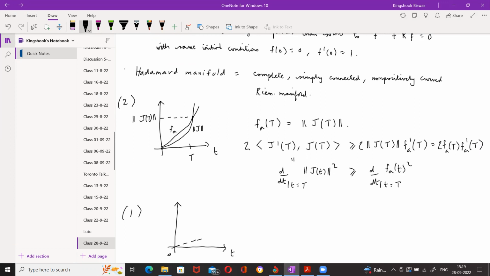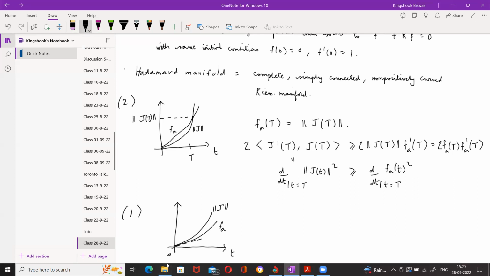Okay, so FA will look like this and norm J will look like this. This will be FA and this will be norm J. They have the same slope at time 0. Now, does it make sense? Yes. So these are two different choices of FA, you see? These are two different choices of FA.